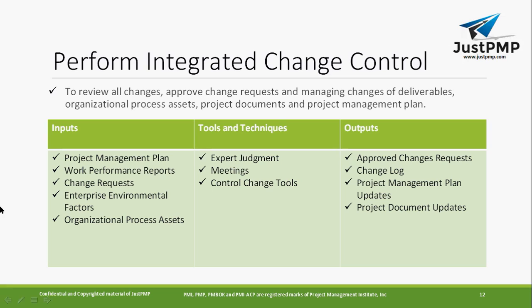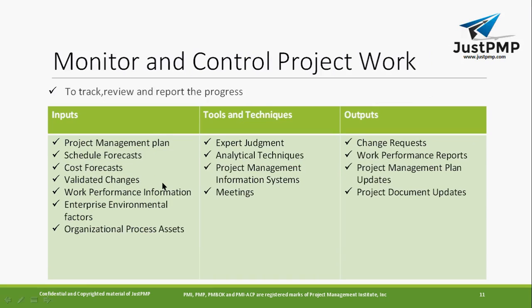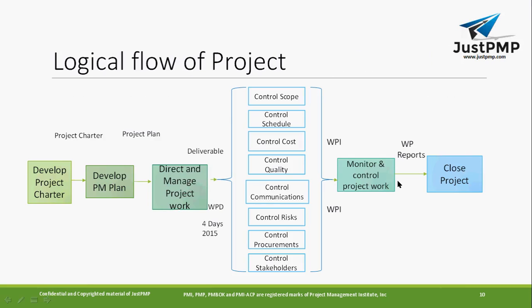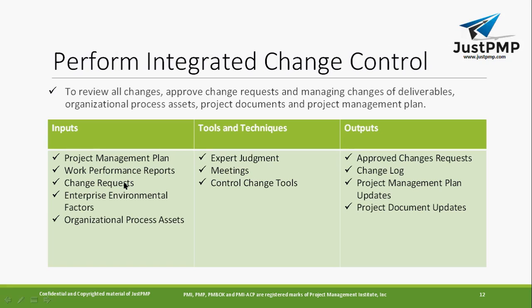Or a work performance report, because the work performance report comes after the monitor and control work. So if you see the output of monitor and control work, there's a work performance report and change request. These are basically the inputs here. So you have all those things, and you have enterprise environmental factors and organizational process assets.